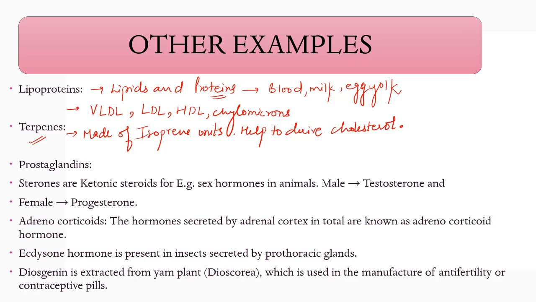Gibberellins are a group of plant growth hormones with four isoprene units. An equal number of isoprene units occur in vitamin A, E, and K. Prostaglandins are derivatives of arachidonic acid.